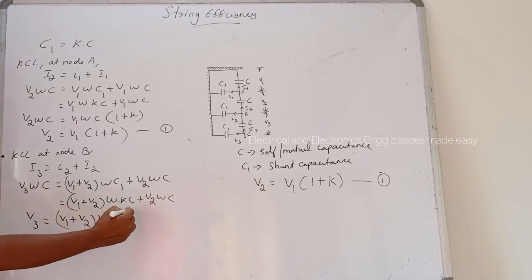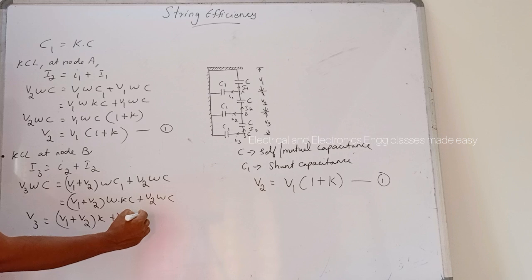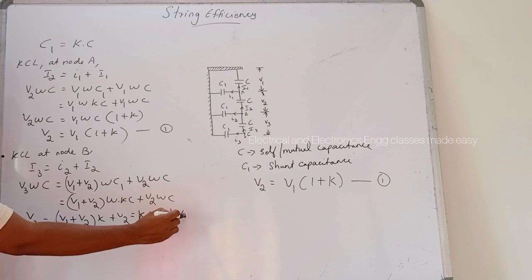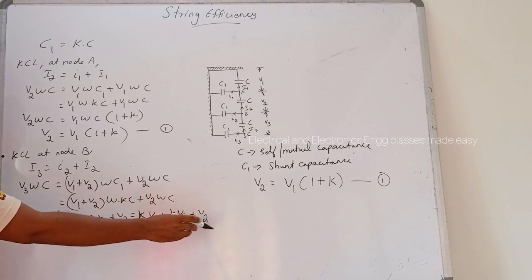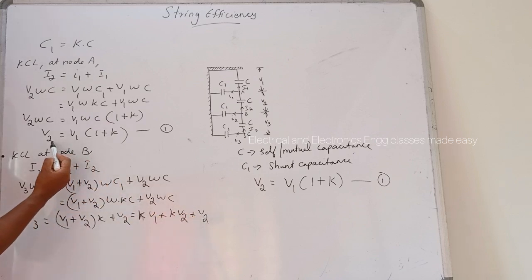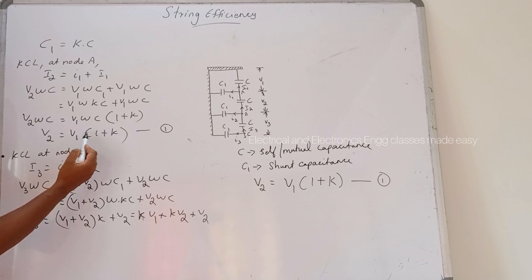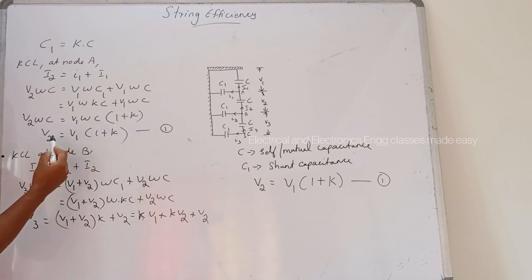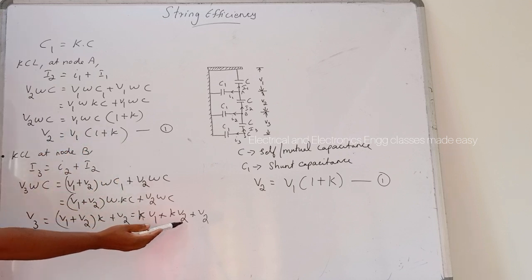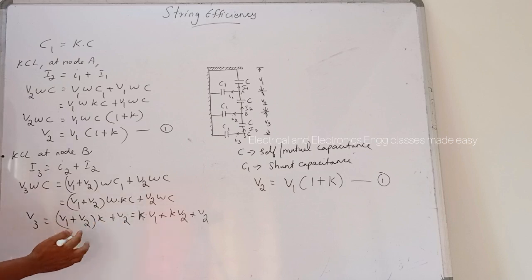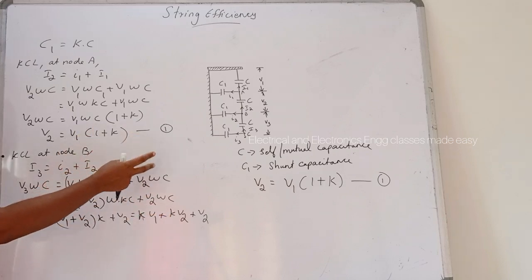Now rearranging, we will get K into V1, that is K V1 plus K V2 plus V2. That is, here we get V2 as V1 into 1 plus K, and we have to put the value of V2 here, that is, we have to get the values in V1 only.